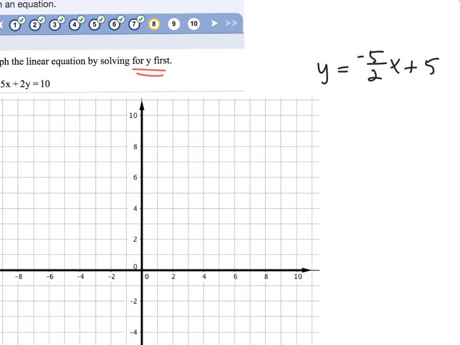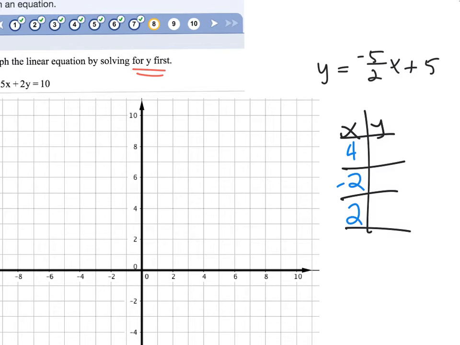So instead of making your table and choosing values, in this case we would choose values that are multiples of our denominator so that they cancel out. So I chose 4, negative 2, and 2 because they're going to cancel out with our 2's. Instead of doing all of that work, I'm going to show you the most amazing shortcut ever.